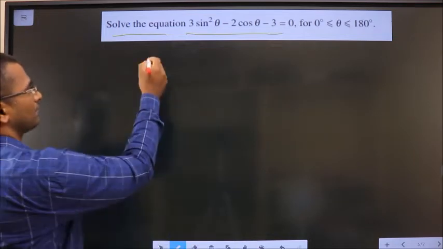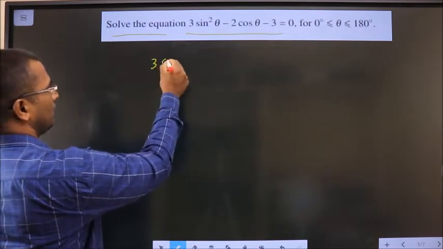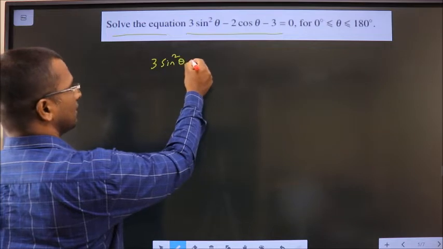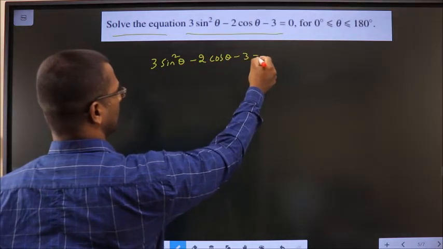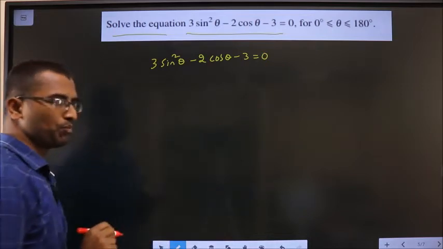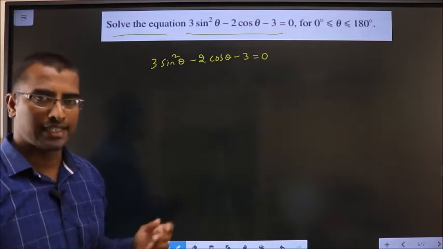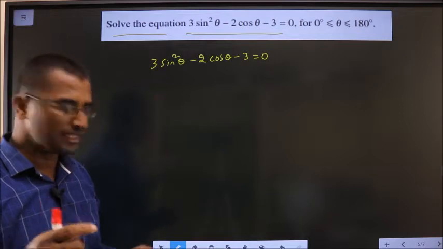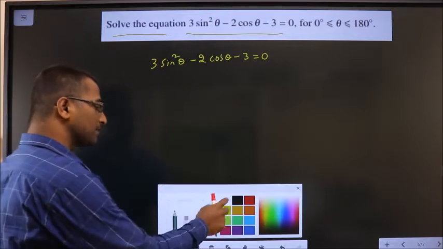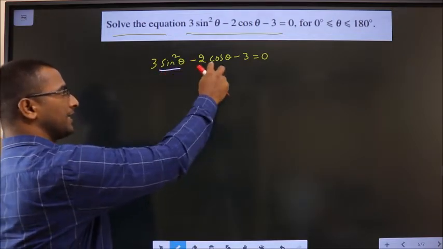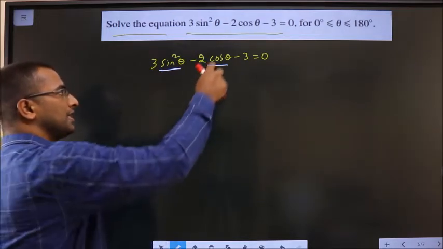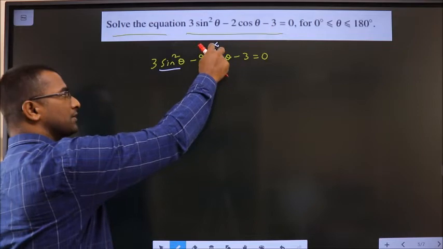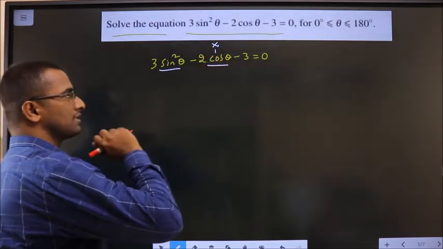Now see. Given to us is 3 sin square theta minus 2 cos theta minus 3 equal to 0. To solve this, if I look at the equation, I realized that there are two trigonometric ratios present, sine and cos. This cos theta I cannot write in terms of sine, so don't touch this.